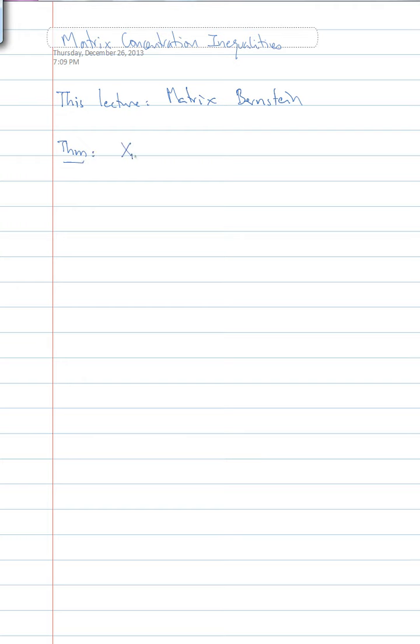Let's consider random matrices that are independent and Hermitian. So unlike the matrix Chernoff bound, I'm not assuming that they are semi-definite. But note how much more general this is than the first result that we had, which was a Gaussian matrix series.